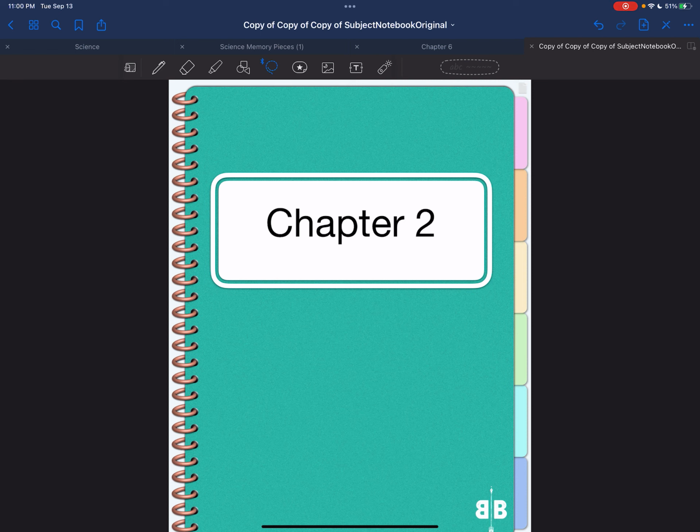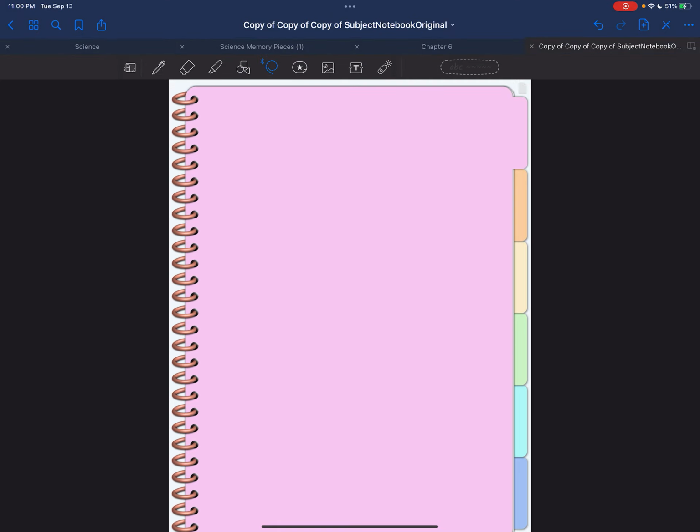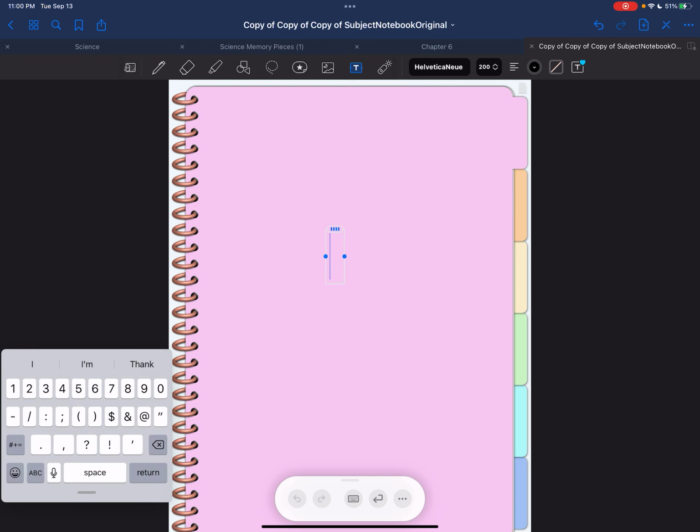I want to start my notes on page 49 of the textbook. So I'm going to set up a section for this, and let me go ahead and label it so you will be able to reference it when you want to. I'm going to call this lesson 2.1.